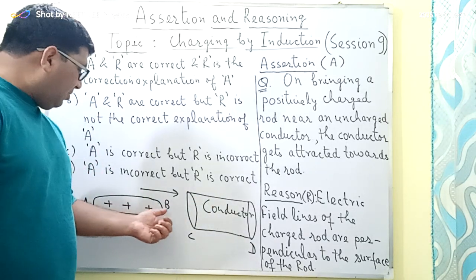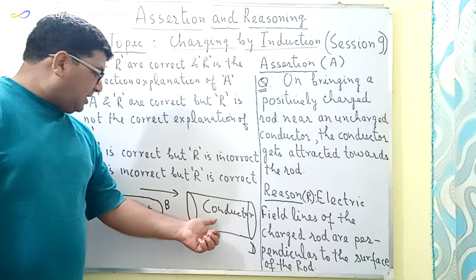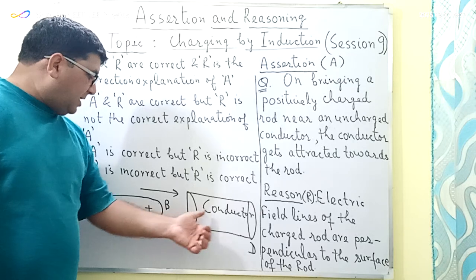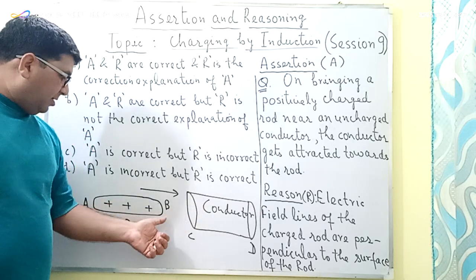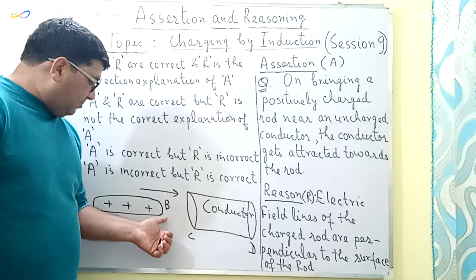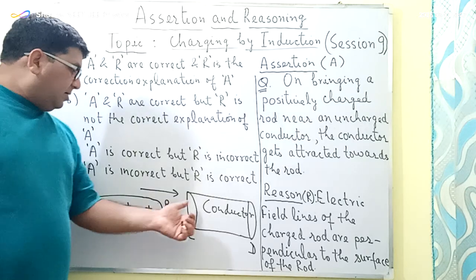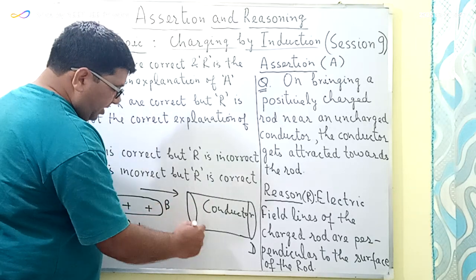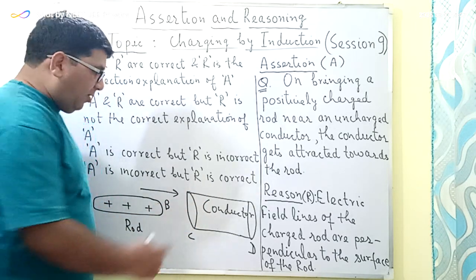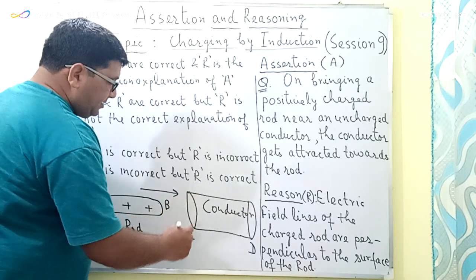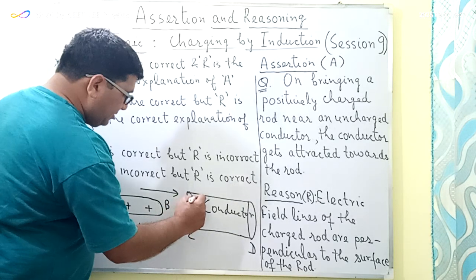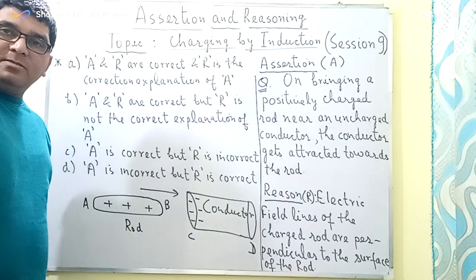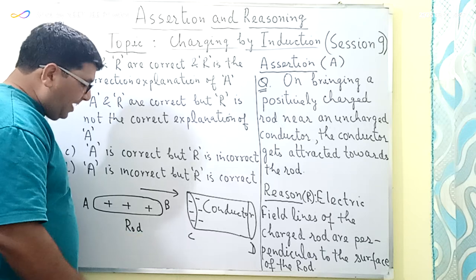So when I bring this rod towards this uncharged conductor, then this face C of the uncharged conductor, which is near this face B of this rod, gets negatively charged, or you can say this region C of this uncharged conductor becomes a negatively charged region due to the accumulation of negatively charged particles.